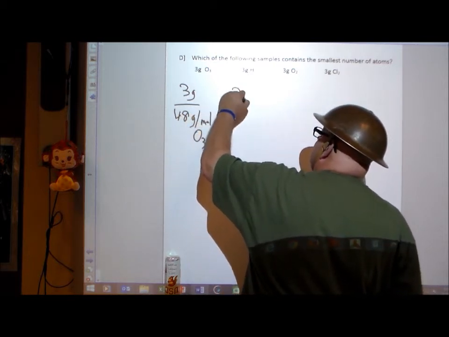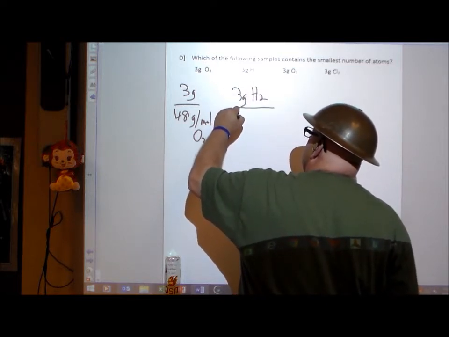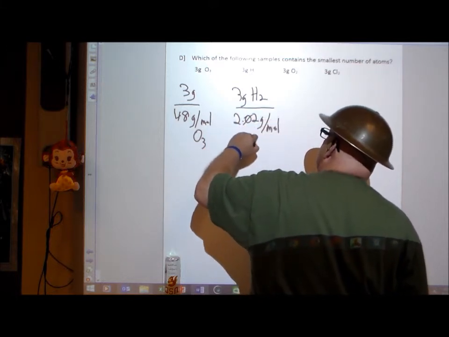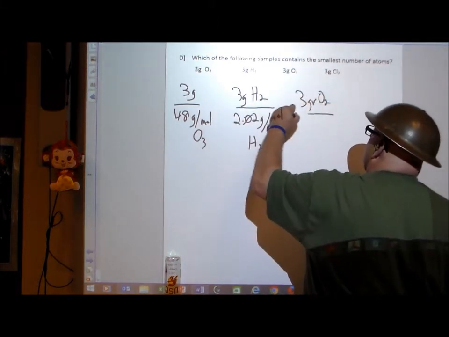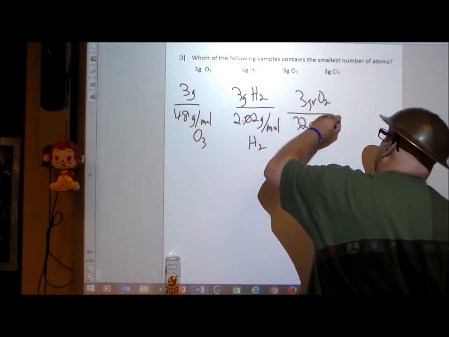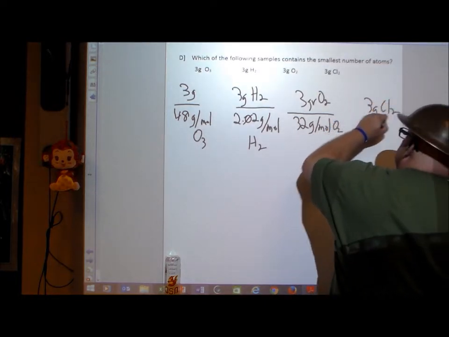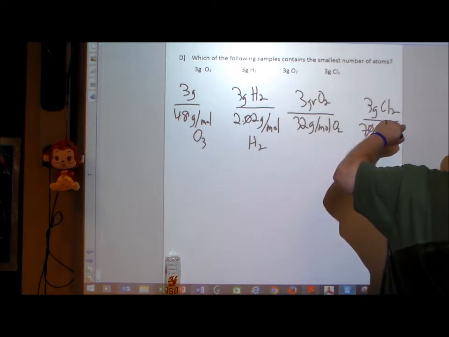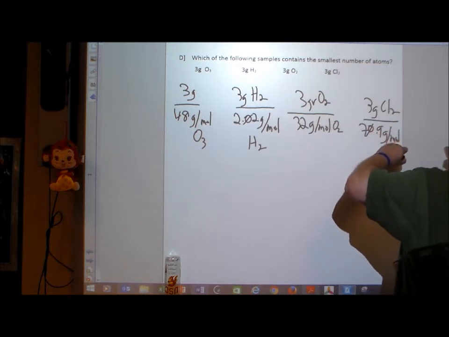Over here, it's going to be 3 grams of H2 divided by 2.02 grams per mole of H2. And then we have 3 grams of O2 over 32 grams per mole of O2. And then the last one is 3 grams of Cl2 divided by 70.9, because the chlorine is 35.45 grams per mole of Cl2.